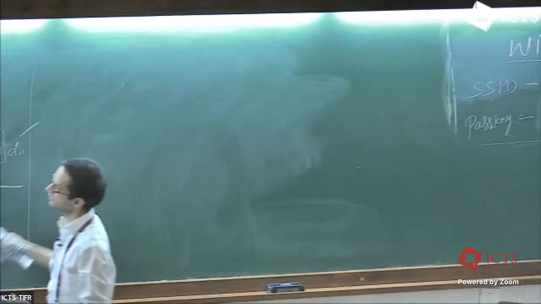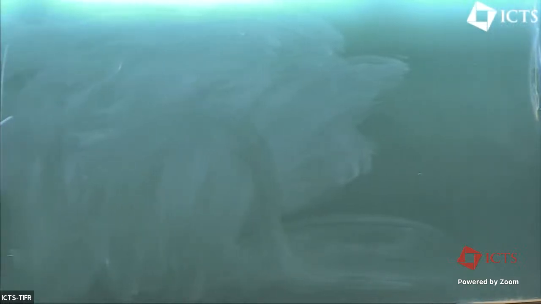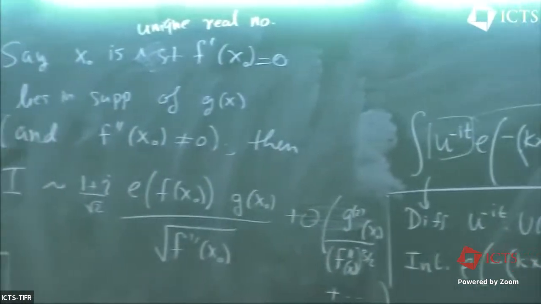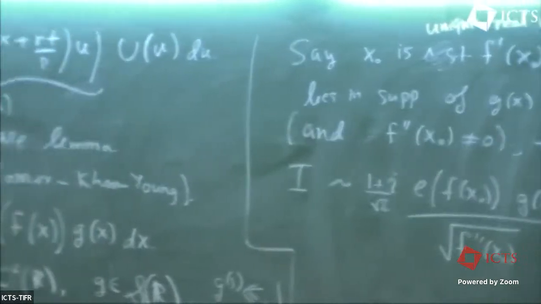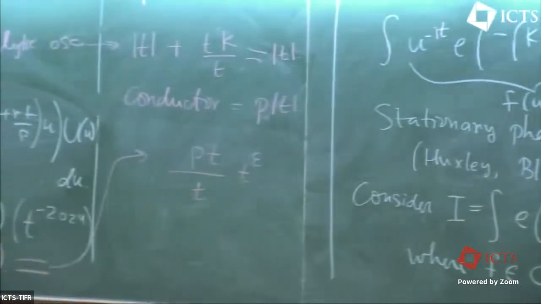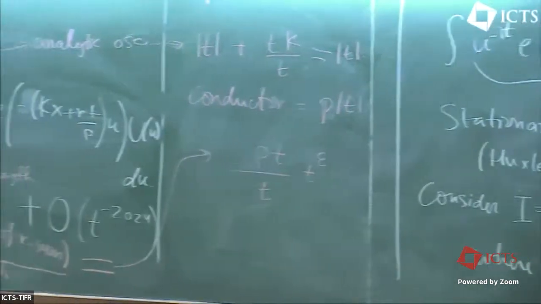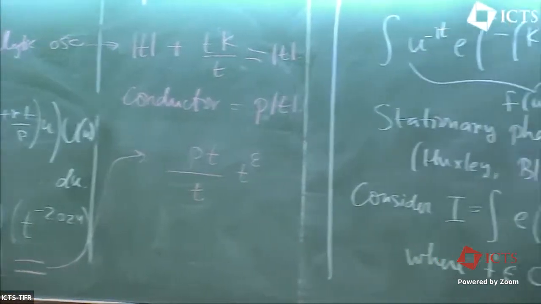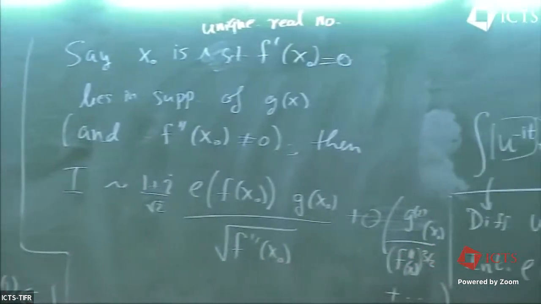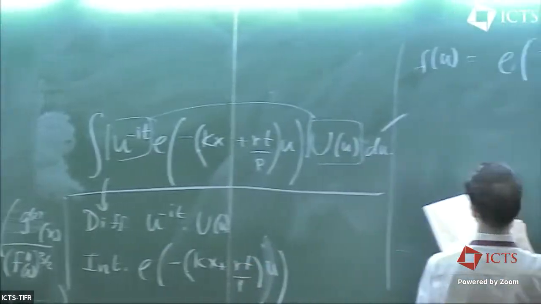So what you have here is this particular function. So here you can take all of this to be your function f of u right here. And this is your g of u right here. Okay. Let's write this u to the negative it as e to the negative t over 2 pi, negative u over 2 pi.